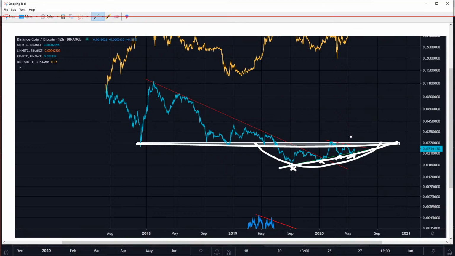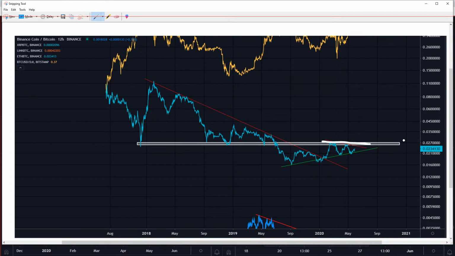That breakout is going to take place when we have a breakout of this potential squeeze that we can see initially from this support, as well as this descending zone and this horizontal zone. So that's going to be a key area of confluence right around here at 0.027. If it breaks above that, I'm going to be a pretty big Ethereum bull compared to BTC. Not saying that I'm not going to be a Bitcoin bull, but Ethereum will probably outperform Bitcoin in that regard.